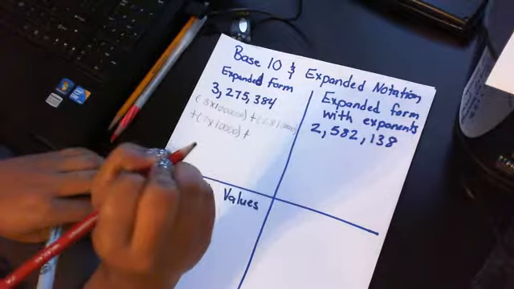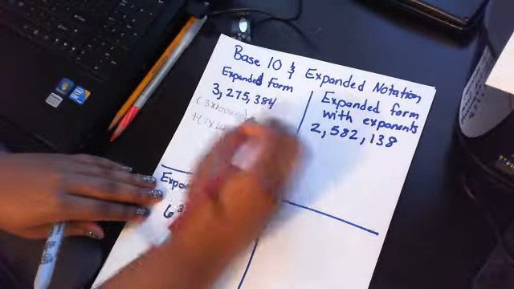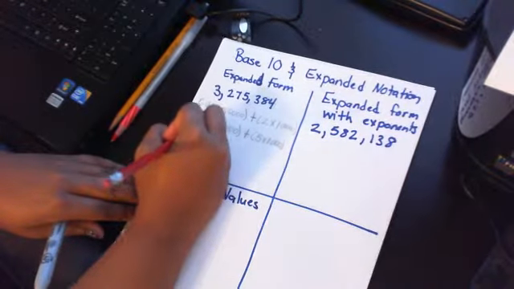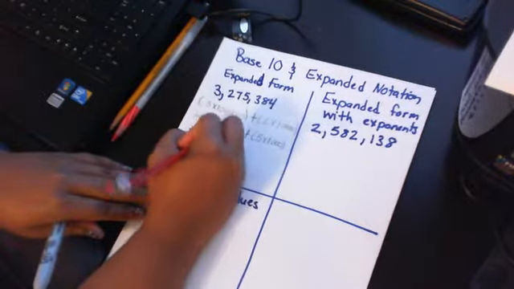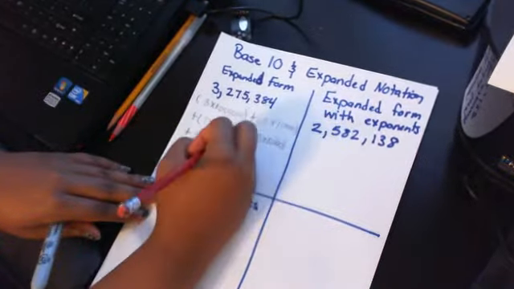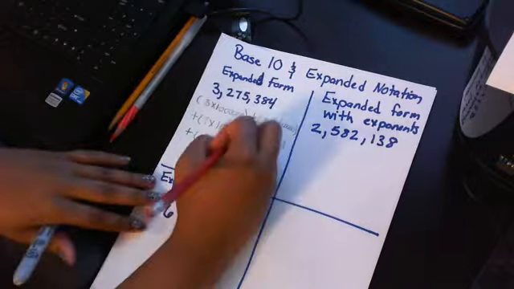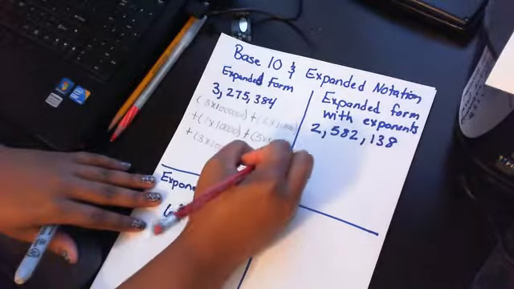Plus, and we go to the 5 times 1 and 3 zeros. Plus, we're on our 3. Parentheses 3 times 1, and it has 2 zeros. Plus, parentheses 8 times 1, and there's one number behind it.